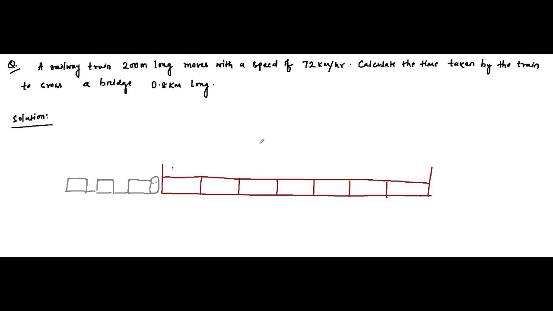Okay, the length of the bridge is 0.8 kilometers, from here to here, and the length of the train is 200 meters.